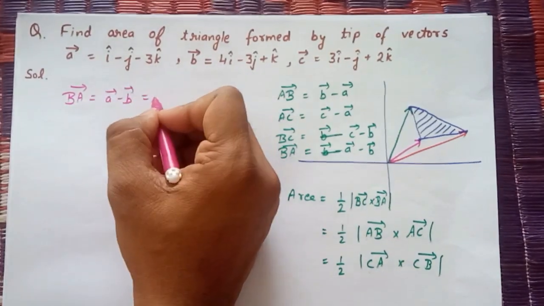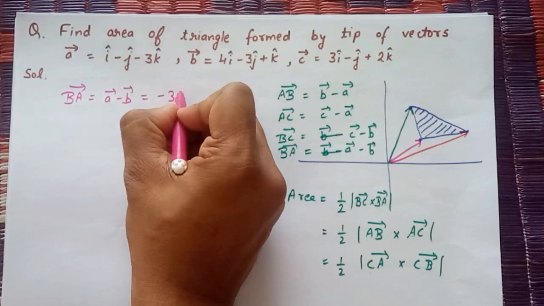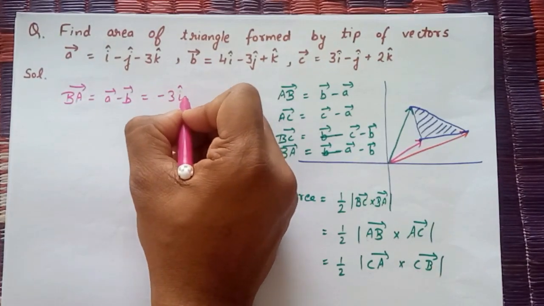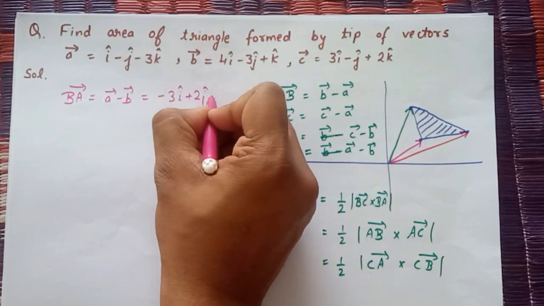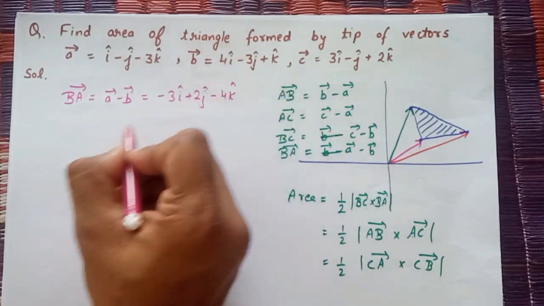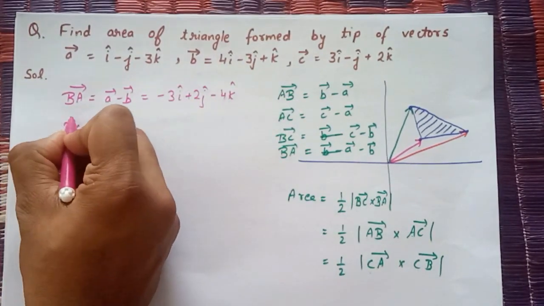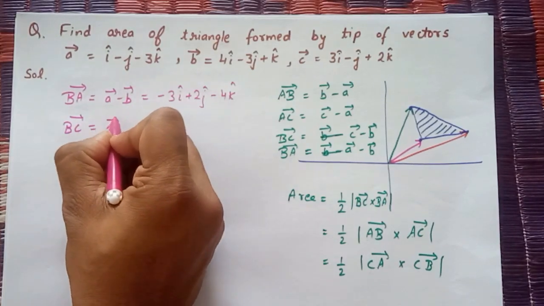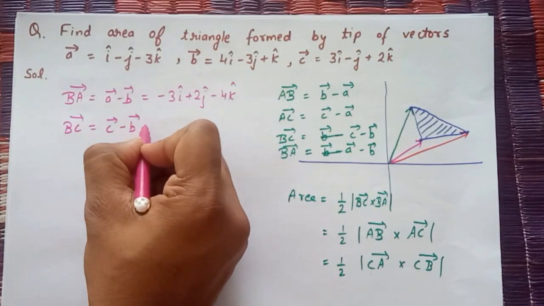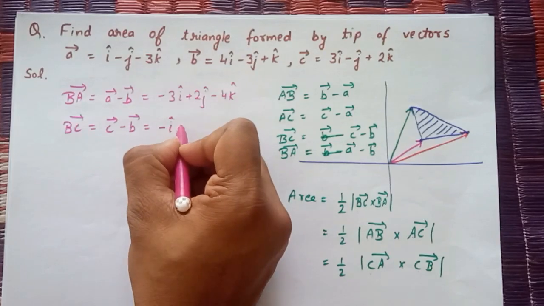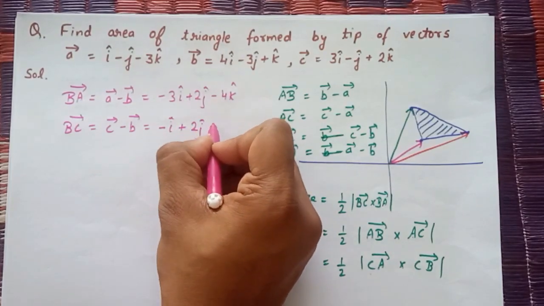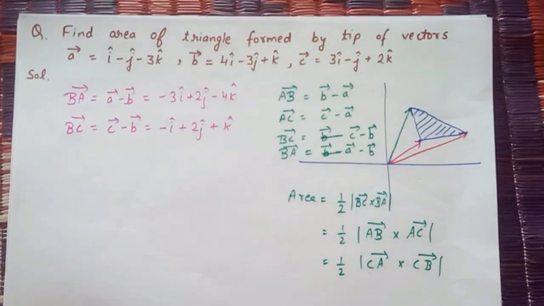Putting the values of A vector and B vector, what we will get? We will get minus 3 i cap plus 2 j cap minus 4 k cap. Similarly, for BC vector, we will get C vector minus B vector. It will be equal to minus i cap plus 2 j cap plus k cap.